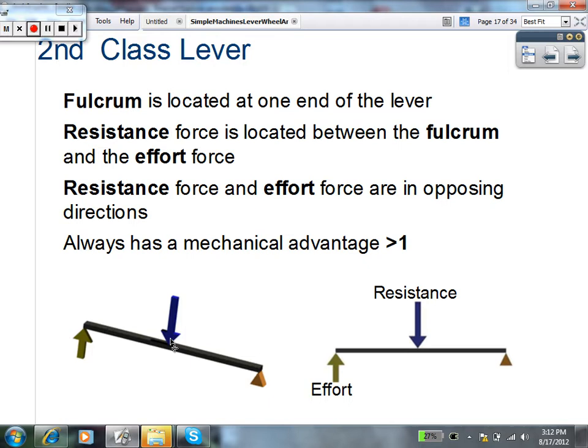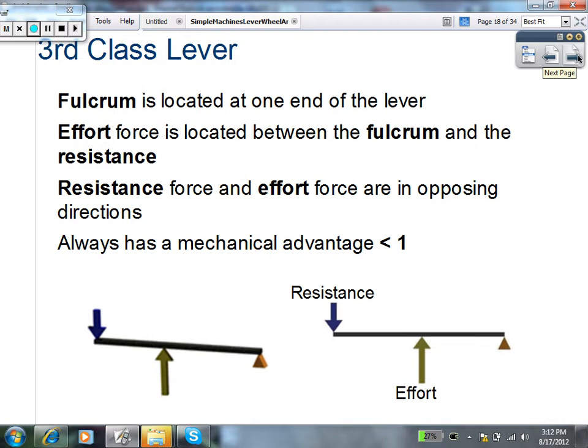Notice the resistance force acts down and the effort force acts up. In a second-class lever, the mechanical advantage is always going to be greater than 1. An example of a second-class lever would be a wheelbarrow. If you think about it, the wheel is right at the fulcrum. You put the load in the container, and then you lift at the handles. That would be where the effort is applied.